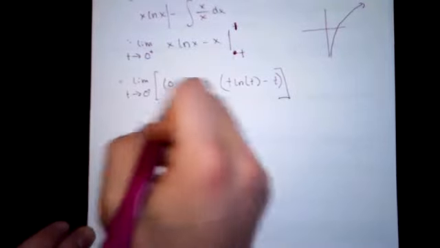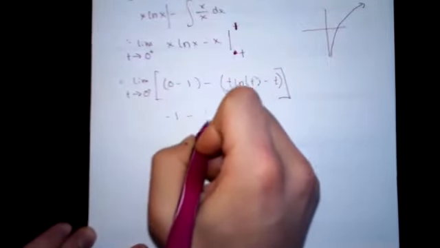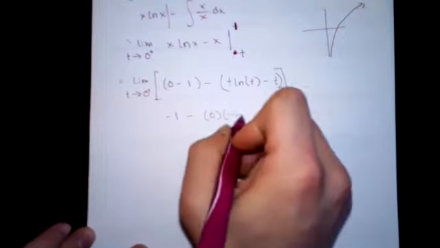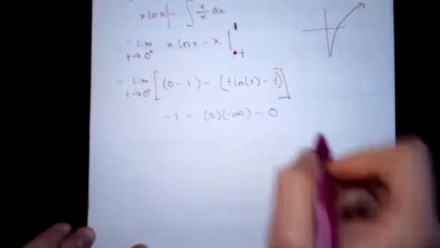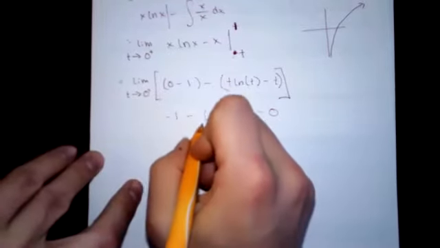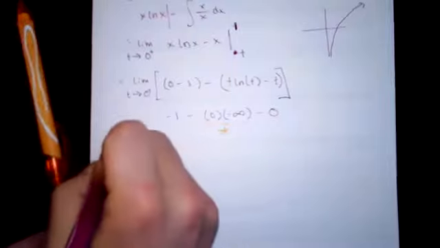When I plug in my limit, we'll have negative 1 minus another 0 times minus infinity, and then minus 0. And so this guy was our problem, and that's what we have to consider.